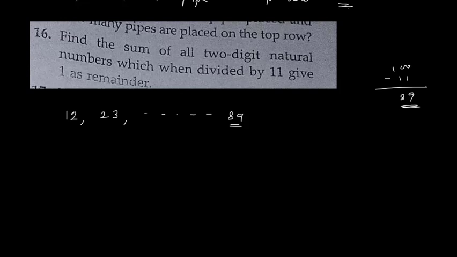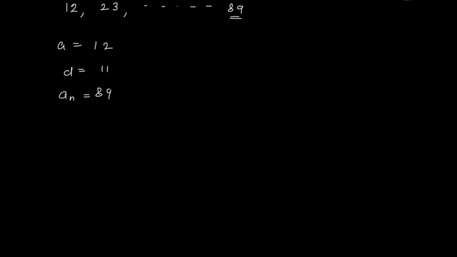So here a equals 12, here d equals 11, and here you have the last number, that is a_n equals 89. Now from this a_n I can first find the value of n. So a_n is a plus (n minus 1)d. So a_n is 89. So this 89 equals a, which is 12, plus (n minus 1) into the value of d, which is 11. So 89 minus 12 equals (n minus 1) into 11.